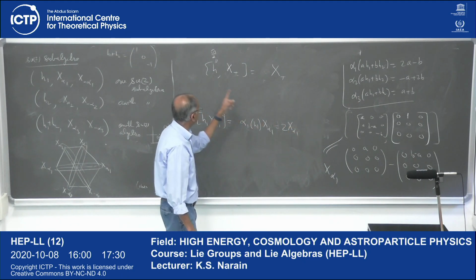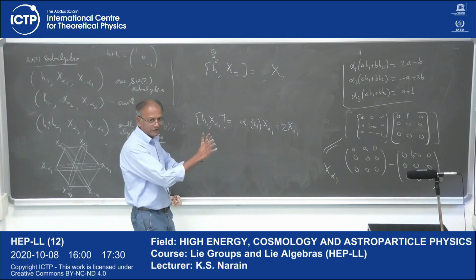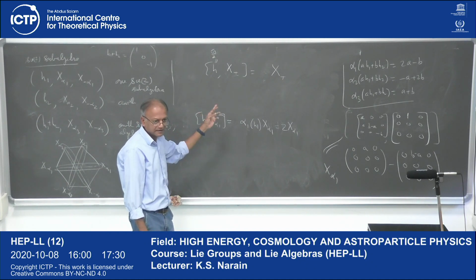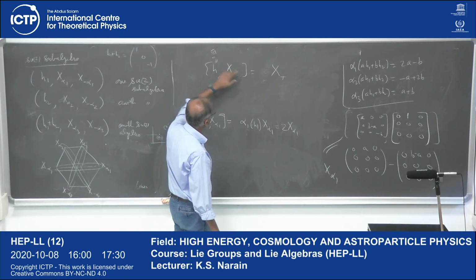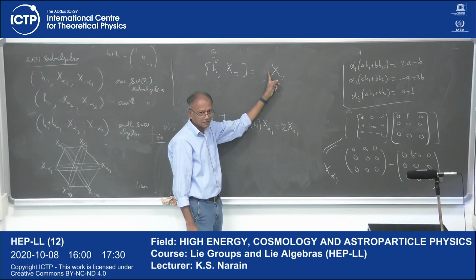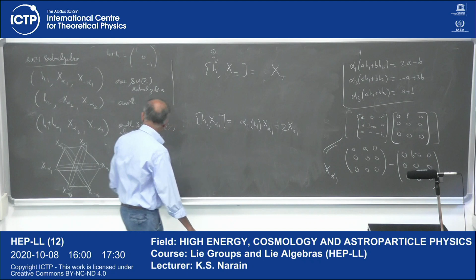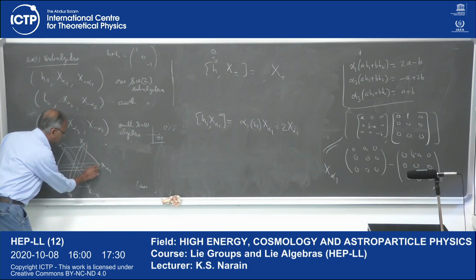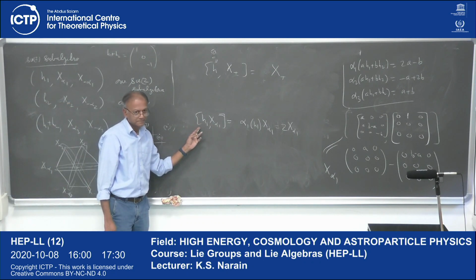But that 2 is precisely coming from the fact that this is really sigma 3. In that 2 by 2 block it was sigma 3, not sigma 3 by 2. In SU2 also, if you had taken just sigma 3, you would get a 2 there, no? So the fact that we were getting 2, and that is why we had put 2, 0 here, was because we chose it to be sigma 3.